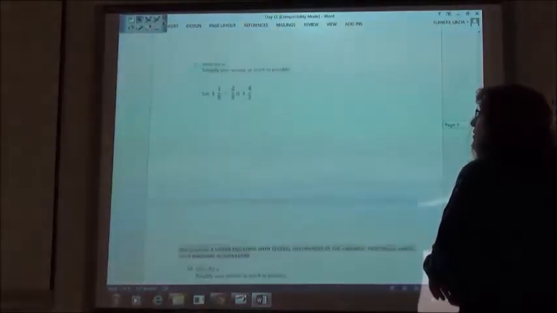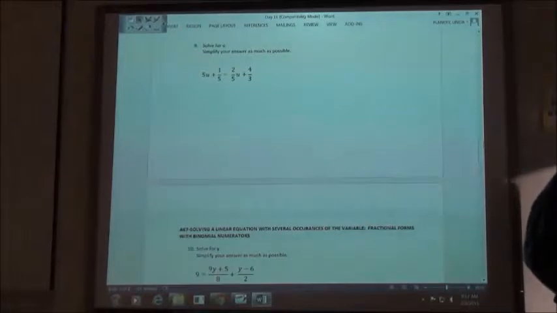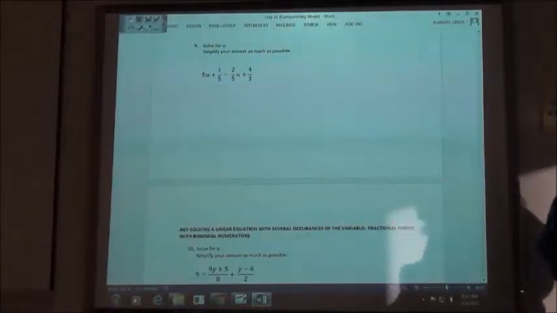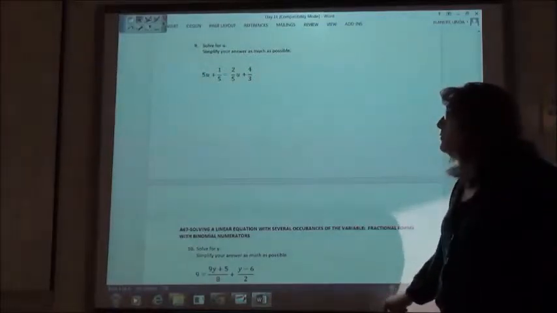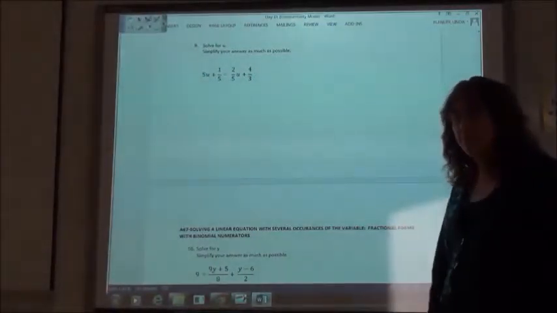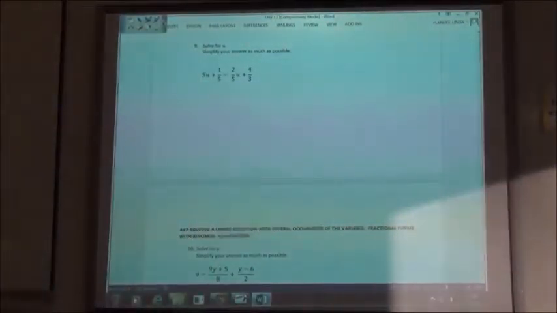All right, so if you look at number 9, what are you going to multiply all those by? 15, because I've got that 3 hiding there on the end, so I got to use 15.